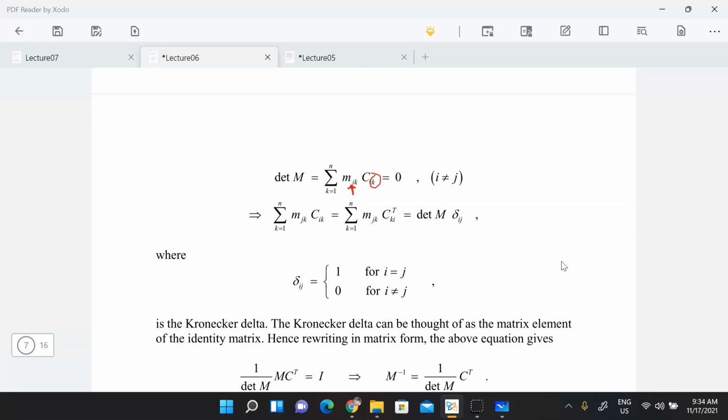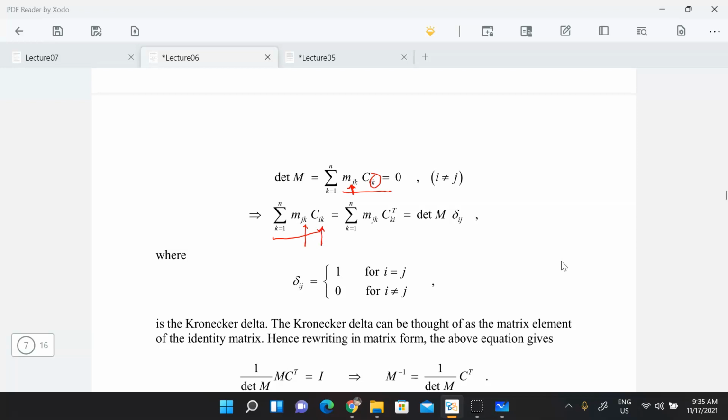Now I rewrite your determinant M on the left hand side by the equation here, which is that equation, M_jk C_ik. But this looks like a matrix multiplication, except the k being summed over here is not in the adjacent position.